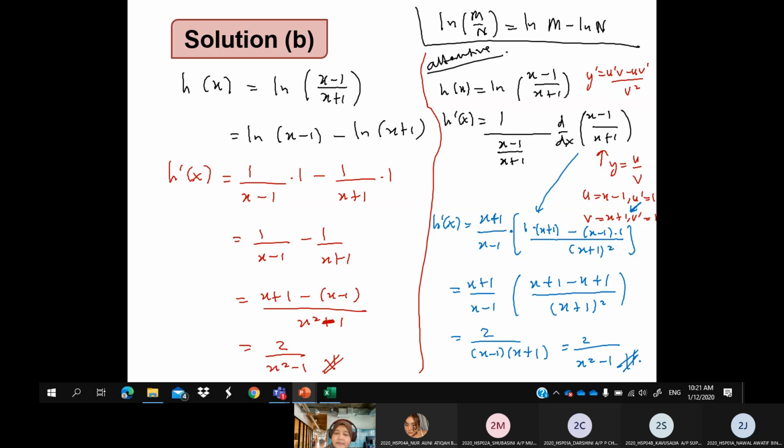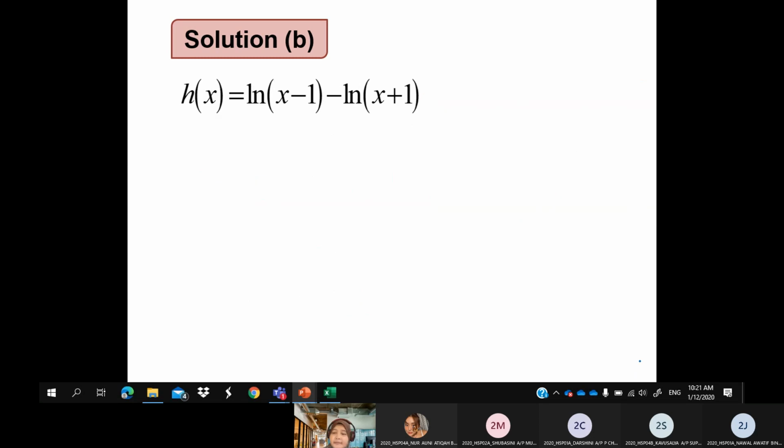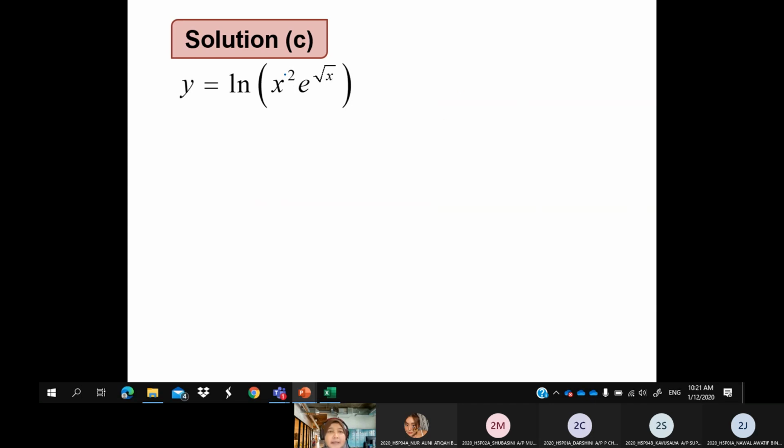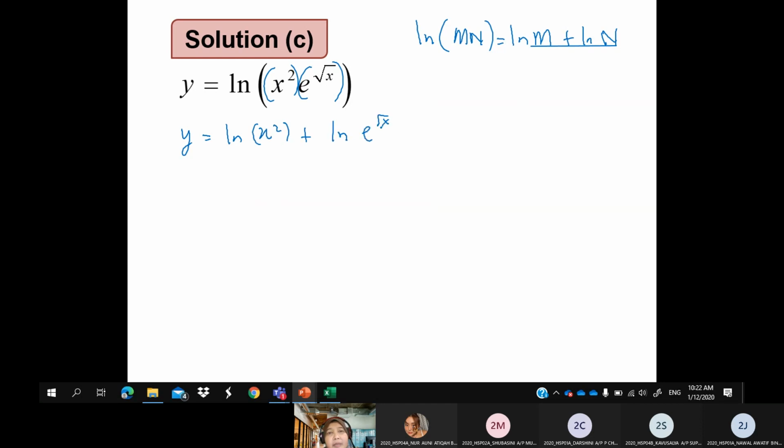Part c. The pattern is ln(m times n). The first law is ln m plus ln n. So we have ln x squared plus ln e to the power of cube root x.